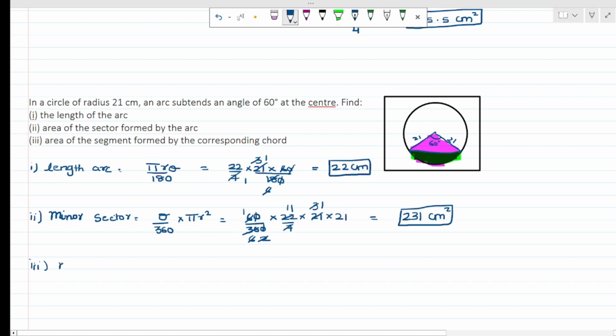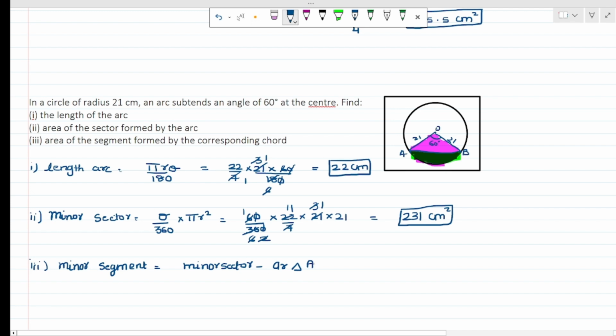Now as we know the formula, minor segment is equal to minor sector minus area of triangle AOB.